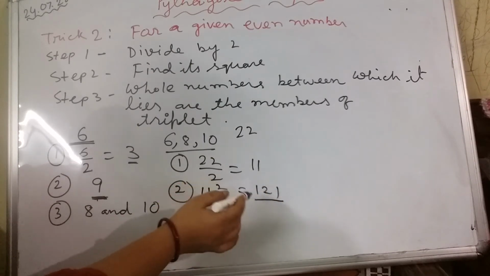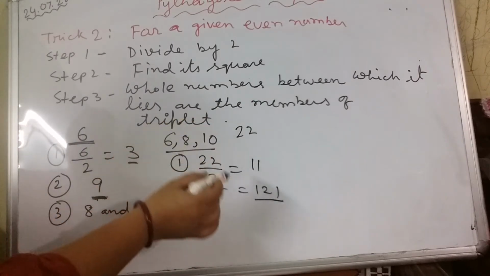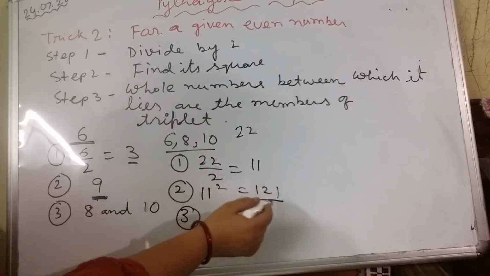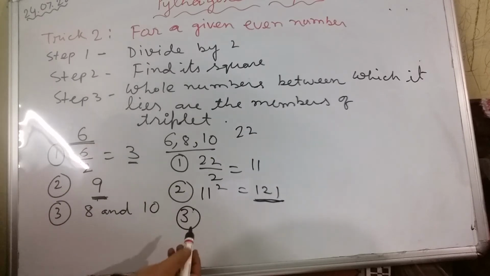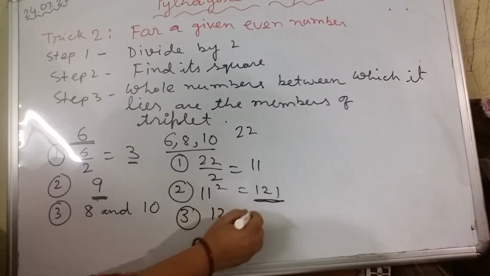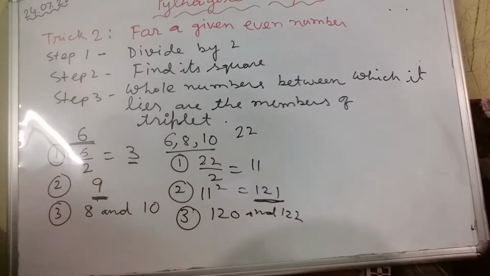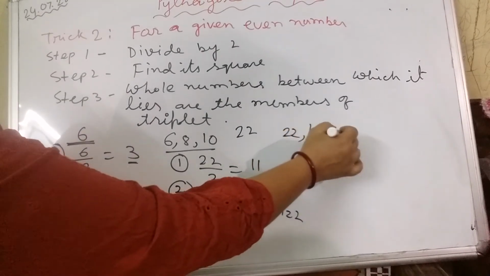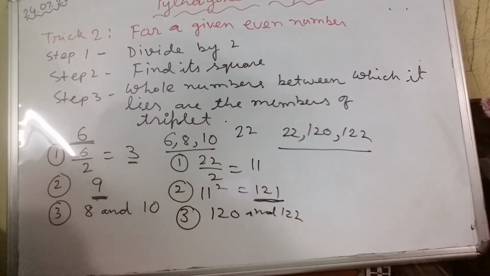You will rather take the two whole numbers between which 121 lies. So 121 lies between 120 and 122. So the triplet is 22, 120 and 122.